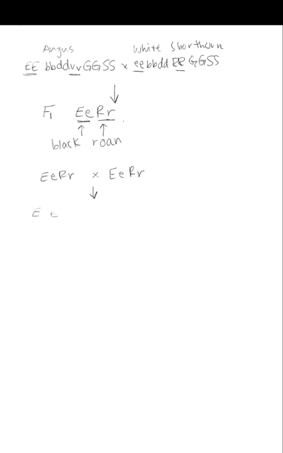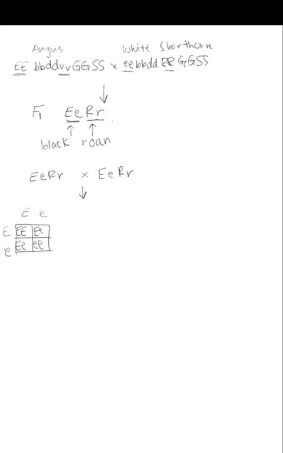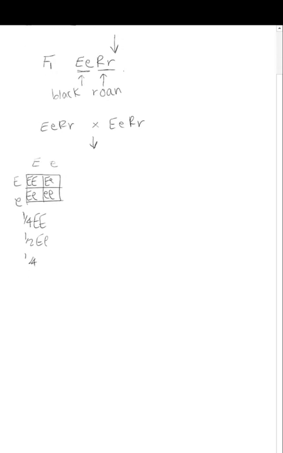So at the extension locus, they are both heterozygotes, big E, little e. So we'll get big E, big E, little e, big E, little e, and then little e. So our proportions for this will be a quarter big E, a half big E, little e, and a quarter little e.